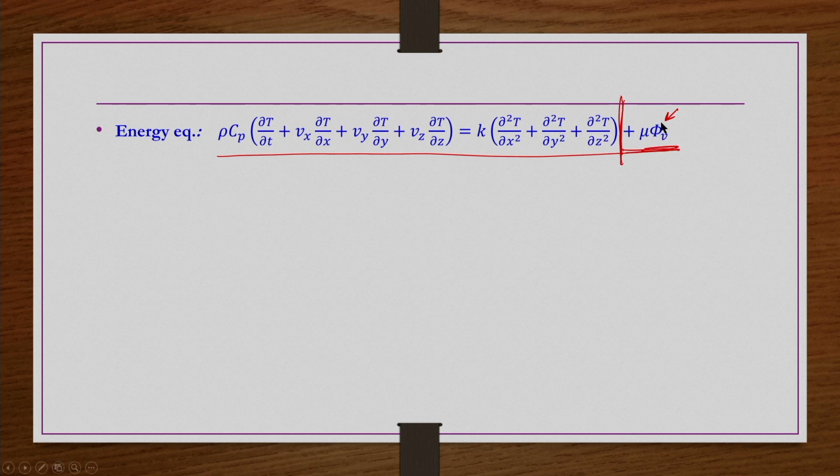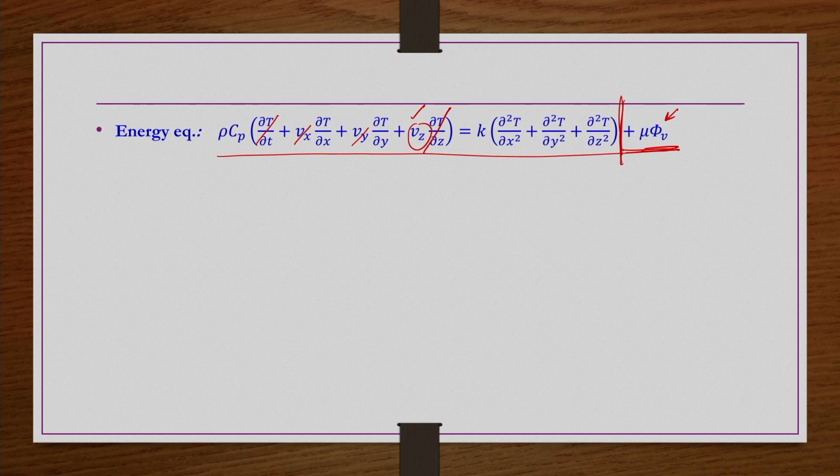So, that term is this one. We expand this one in the next step. Before that, we simplify this equation. Steady state, so this term is 0. Vx is 0, Vy is 0, Vz is not 0, it is there. Temperature is not a function of z, it is a function of x only, as given.